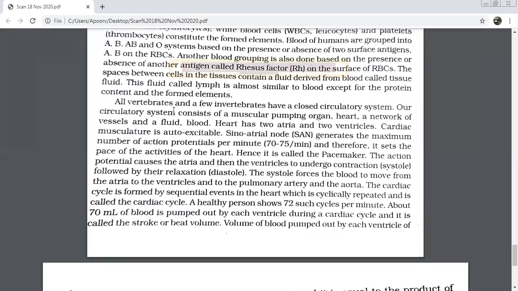Only 1 paragraph. All vertebrates and a few invertebrates have a closed circulatory system. Only this paragraph, till here, beat volume. Very important. Read till here, beat volume. We are about to complete the chapter.